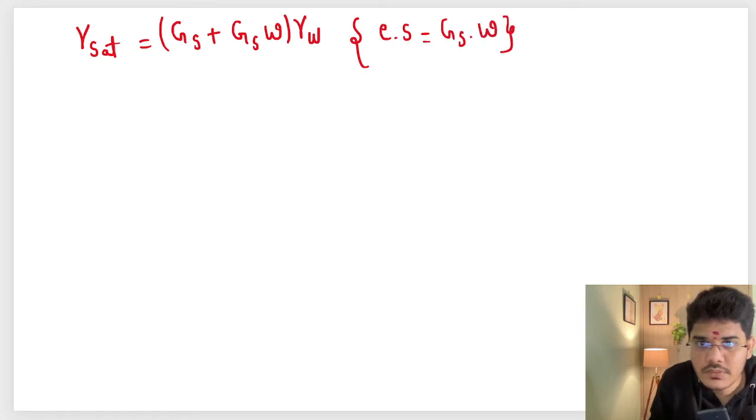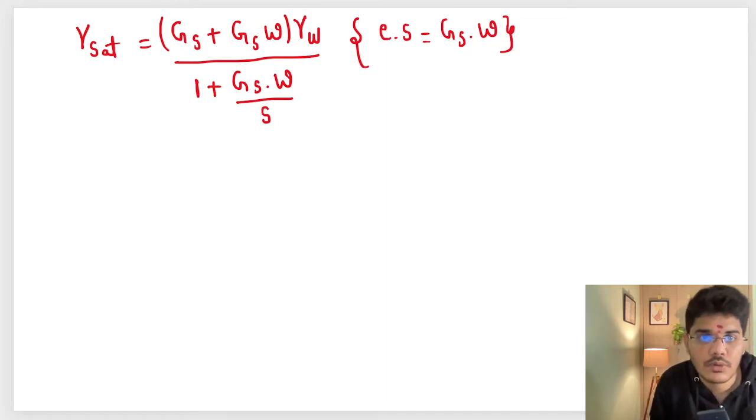Void ratio into degree of saturation is equal to specific gravity into water content, divided by 1 plus e. In place of e also we can write Gs into w by S, but here S is equal to 1 because in the first condition it is a saturated soil.